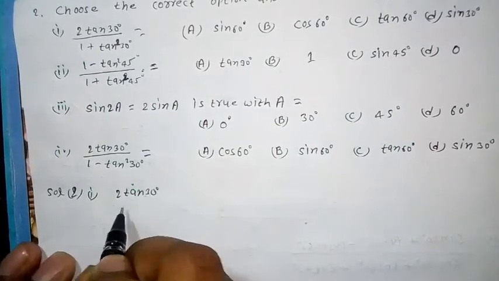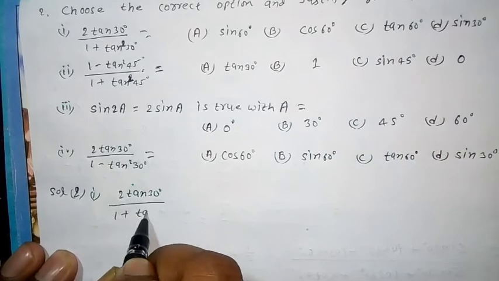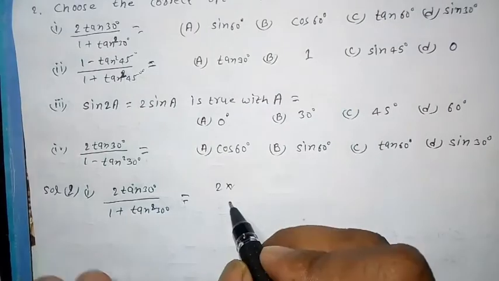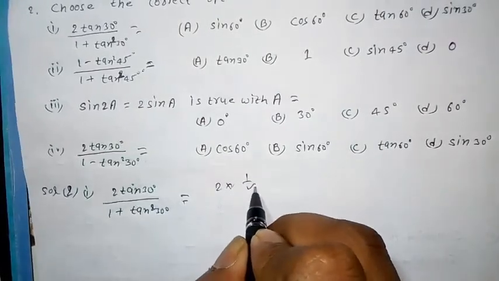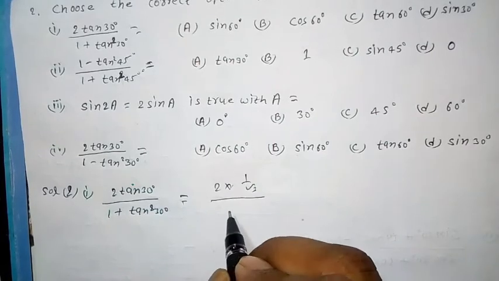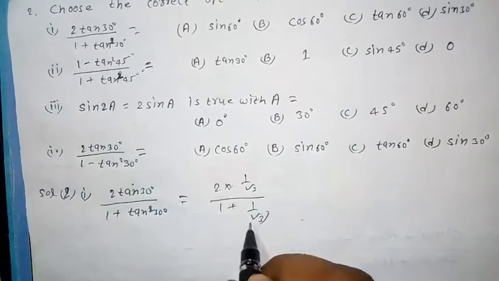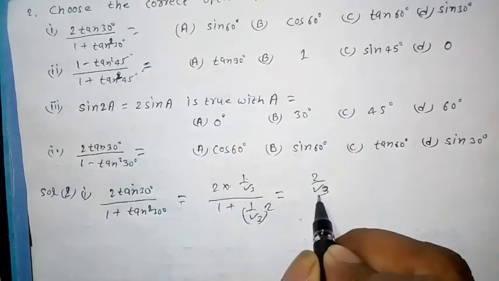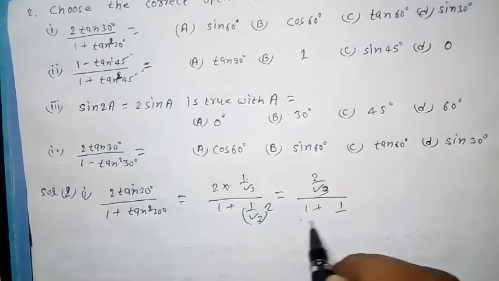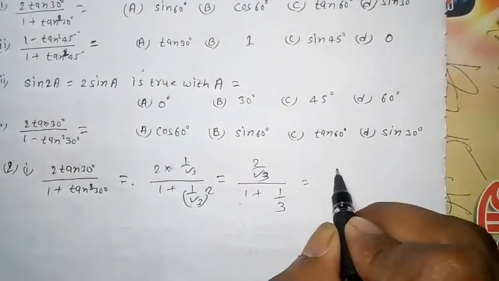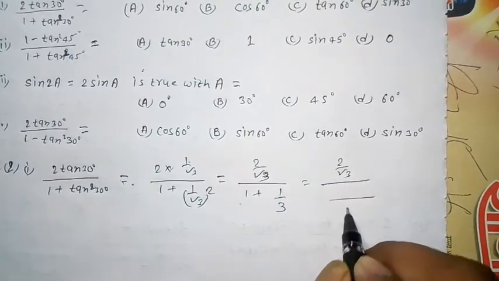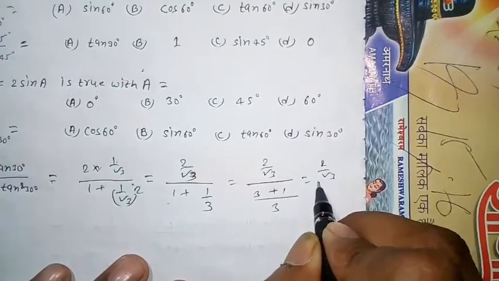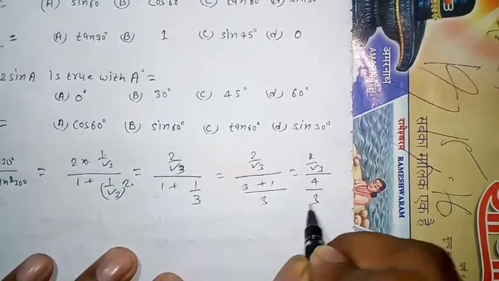2 tan 30 degree by 1 plus tan square 30 degree is equal to 2. The value of tan 30 is 1 by root 3, by 1 plus 1 by root 3 the whole square, is equal to 2 by root 3 by 1 plus 1 by 3. 2 by root 3 by the LCM is 3, then 3 plus 1 is 4, so 2 by root 3 by 4 by 3.